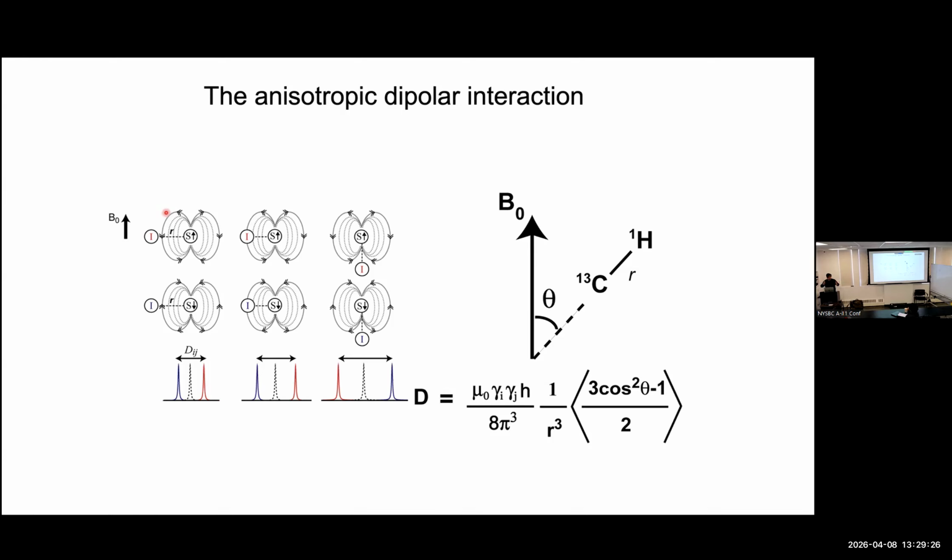And if one were able to measure the dipole couplings for a bunch of vectors, you could say something about their orientation relative to the field and therefore relative to one another. And if I can define the orientation of you relative to me and the orientation of Yang relative to me, in many ways I'm defining your relative orientation as well. So there's potentially very rich angular information included in dipole couplings.